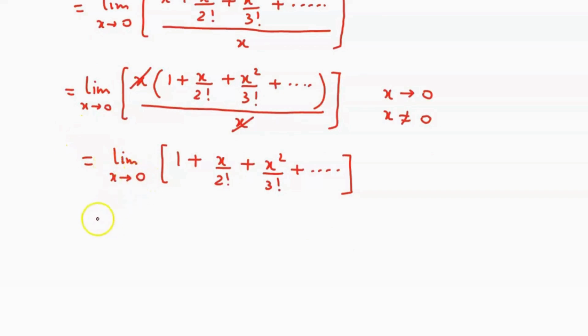Finally we have 1 plus, now 0 divided by 2 factorial would be 0. The third term, that is x square by 3 factorial, would also be 0. So all the remaining terms which contain x will be 0. So our final answer is equal to 1 and that is equal to the right hand side.